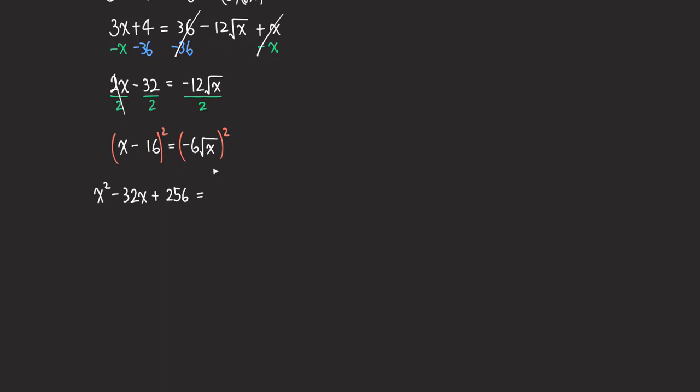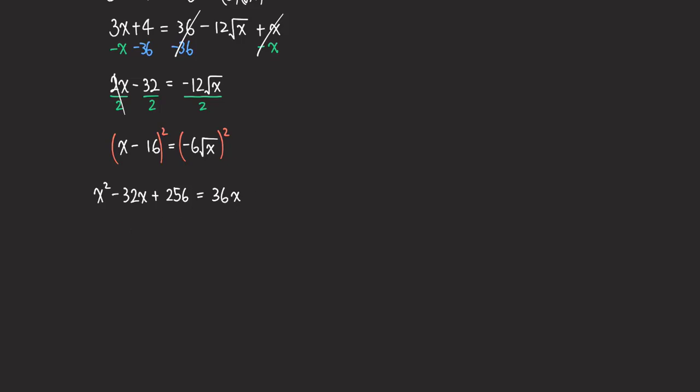Okay, and then on the right side of the equation, we are going to get what? The negative sign will disappear, so we are going to get 36, and then what do we get for the x? Just x. I mean, it's really because it's squaring the square root of x, so we just get the x here. Now it becomes a quadratic equation again, so we can get everything on one side, so we can get 0 on the other side.